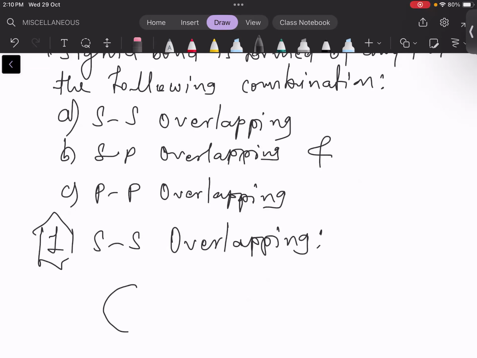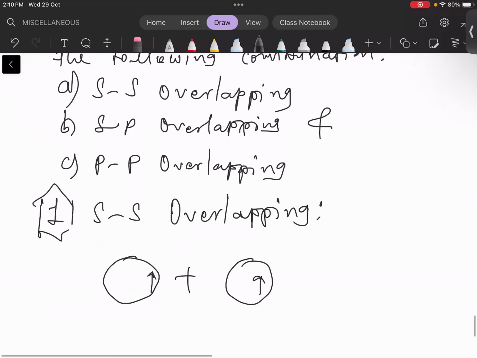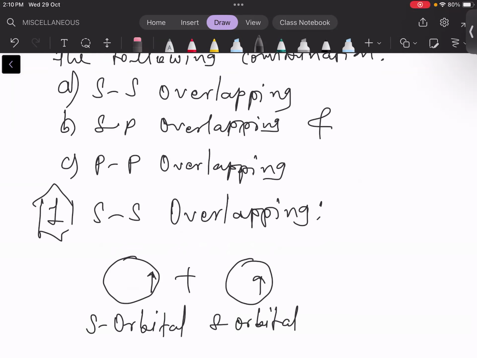Whenever one s orbital, which is half filled, meaning it contains one electron, overlaps with another s orbital, what we get is SS overlap, nothing but sigma 1.